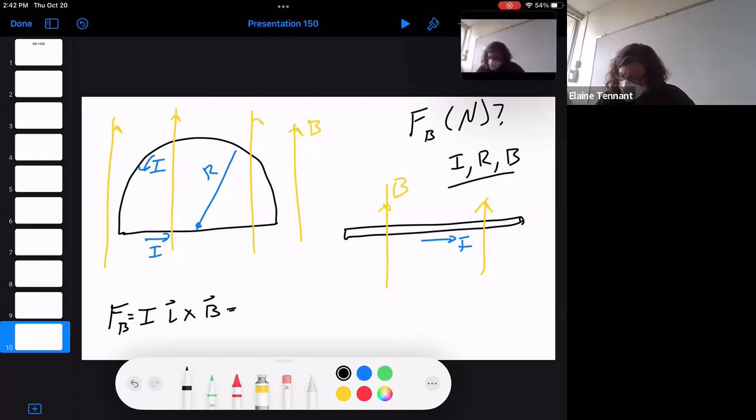What is the angle between L and B in this case? The direction of L is going to be in the same direction as I. So L cross B, what direction am I going to get? Right hand rule, right?